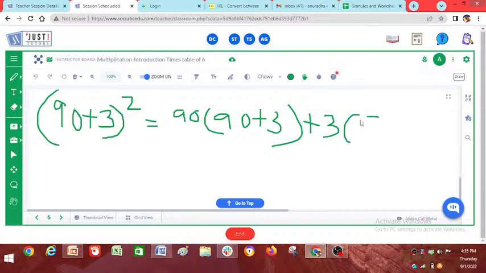Here also we are going to use the same number, 90 plus 3.